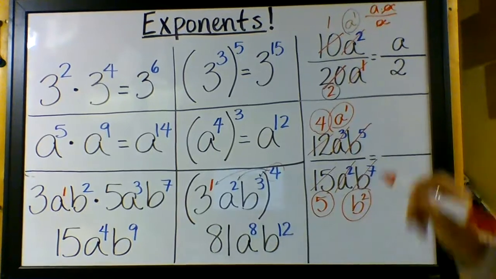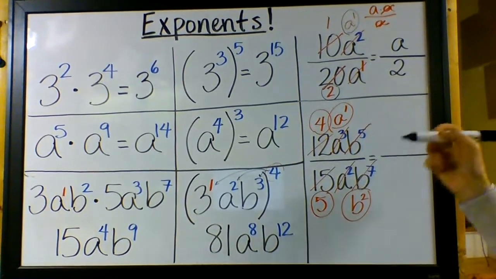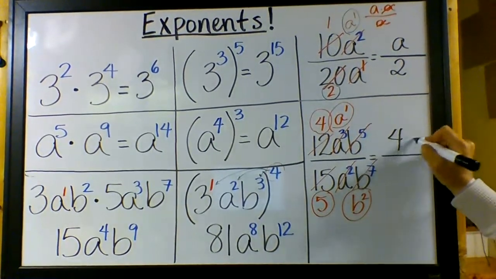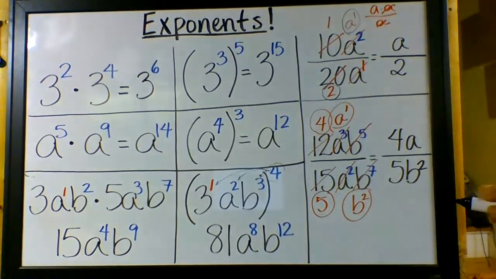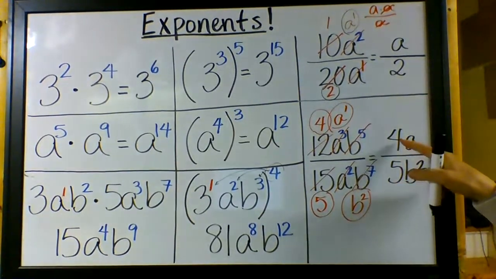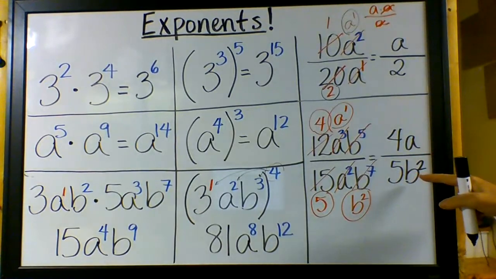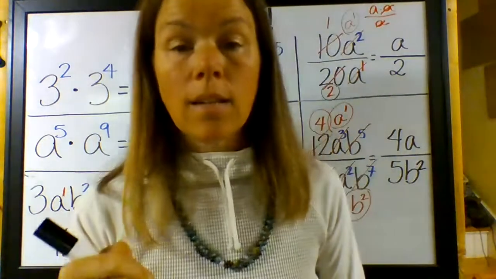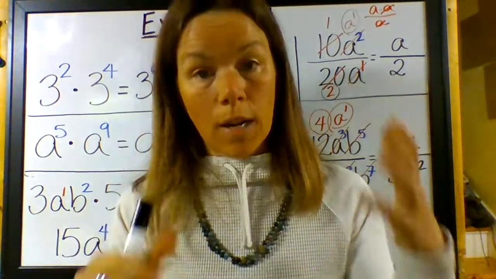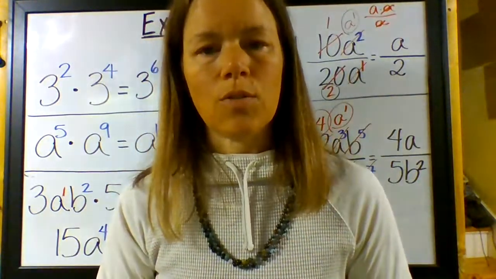So I come over to my open fraction line over here, and I'm going to put in my 4a and 5b squared. And I can tell that I'm done because none of this will reduce. If I have a's left in the numerator and in the denominator, then I haven't reduced enough, right? If the numbers still reduce, then I haven't reduced enough.